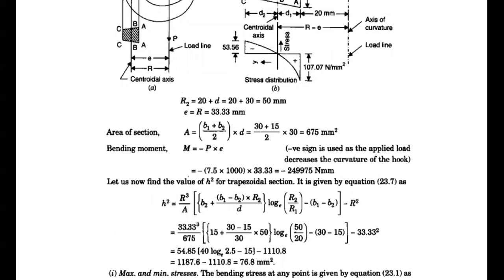This value is available in your derivation. While you are deriving the equation for the trapezium, you know the value of h square. Please pick the formula from the derivation.